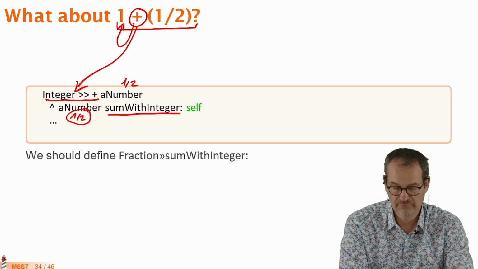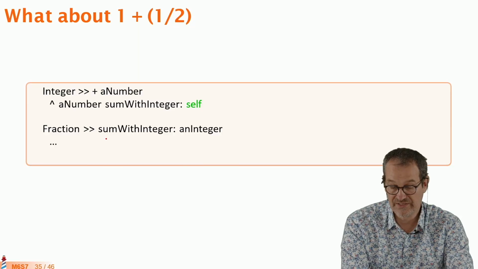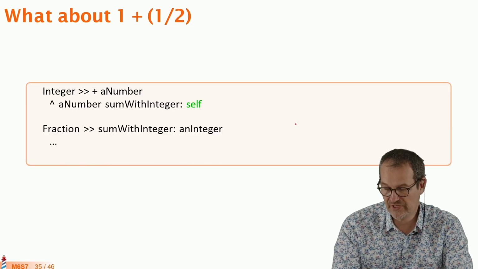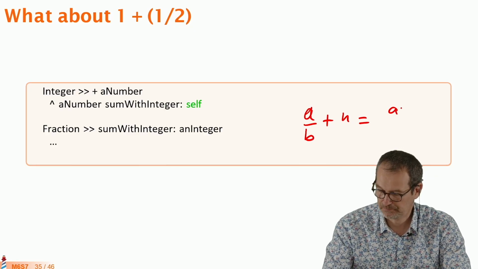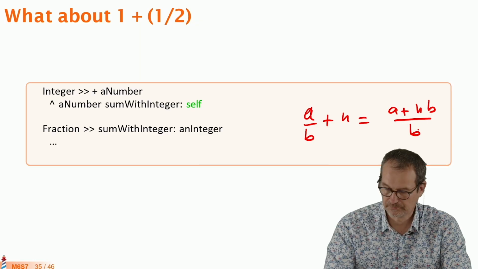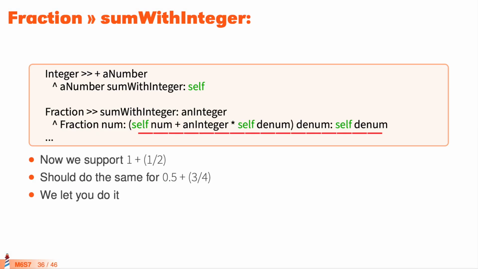So let's do that. Basically here we end up with the same kind of code because we will have a fraction plus an integer. This is what this code is doing: I create a new fraction where I sum, multiply the denominators, and so on. So with this definition, now we support the addition of an integer with a fraction.